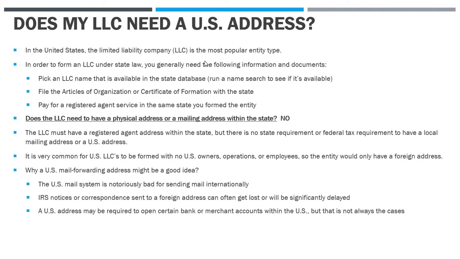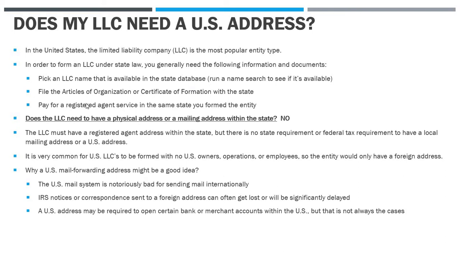So let's dive into some of the details here. Some of the basics. In order to form the LLC, you generally need to have the following information and documents submitted. First, you need an LLC name that's available in the database, so you run a name search to see if it's available. If it's already taken, obviously you can't file under that same name because there's a conflict. Once you have a good name available, you file either the articles of organization or a certificate of formation with the state.